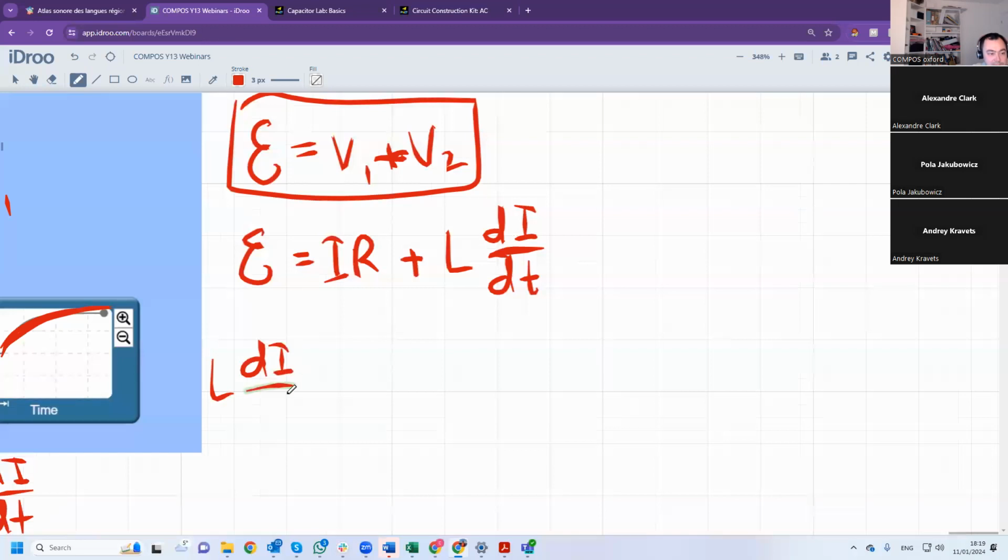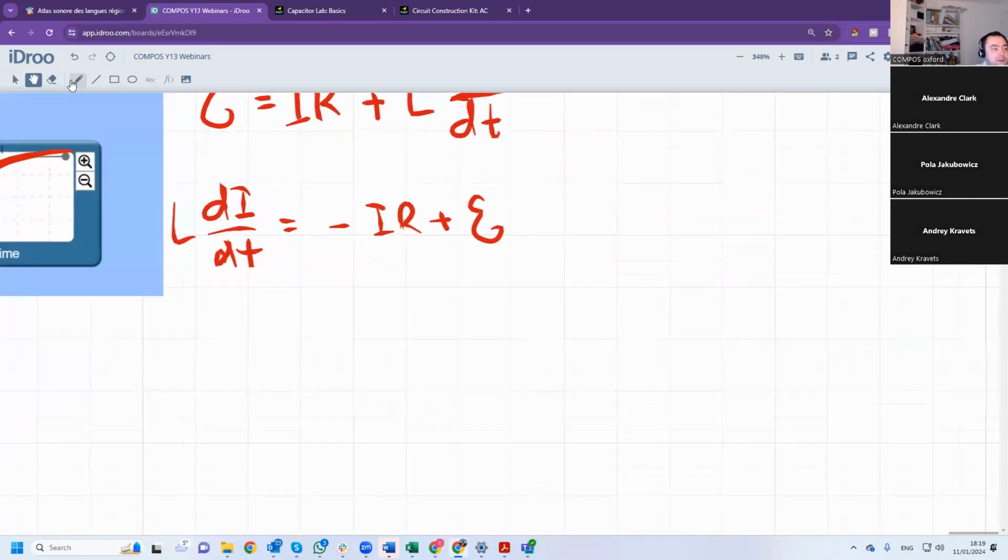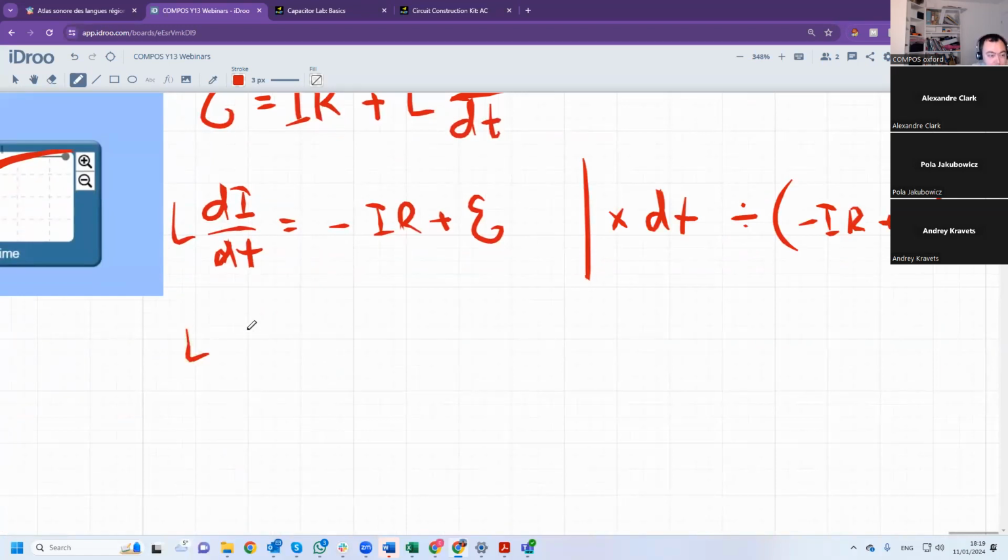L di/dt is equal to minus IR plus EMF. Multiply both sides by dt, and divide by minus IR plus EMF: L di over (minus IR plus EMF) equals dt.